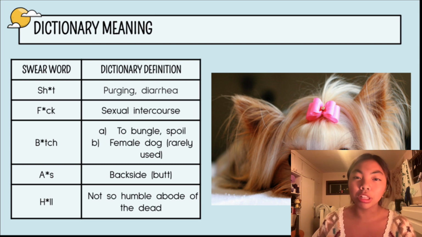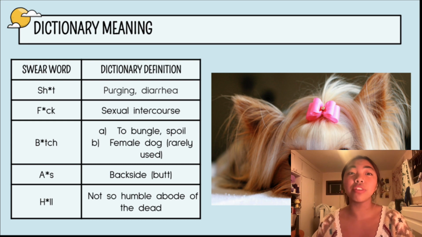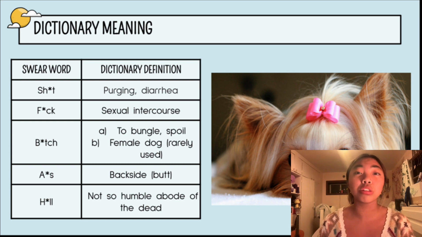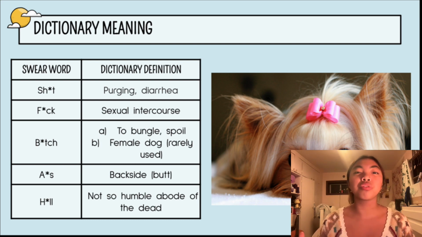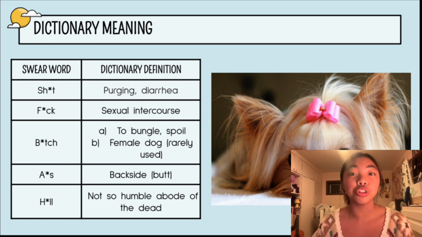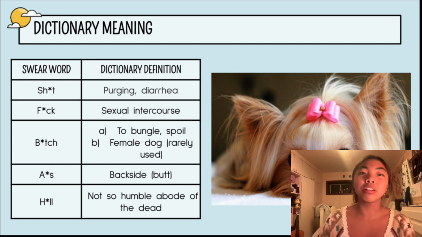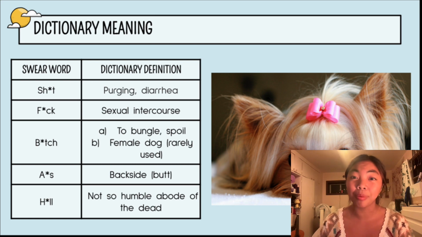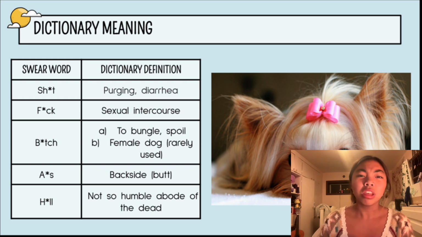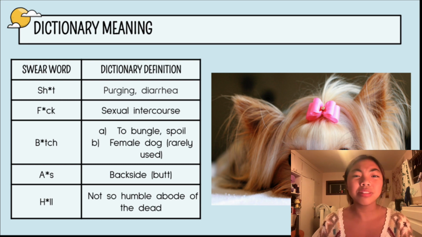Using the online etymology dictionary, I researched the definition of each of the most commonly used swear words shown in this slide.